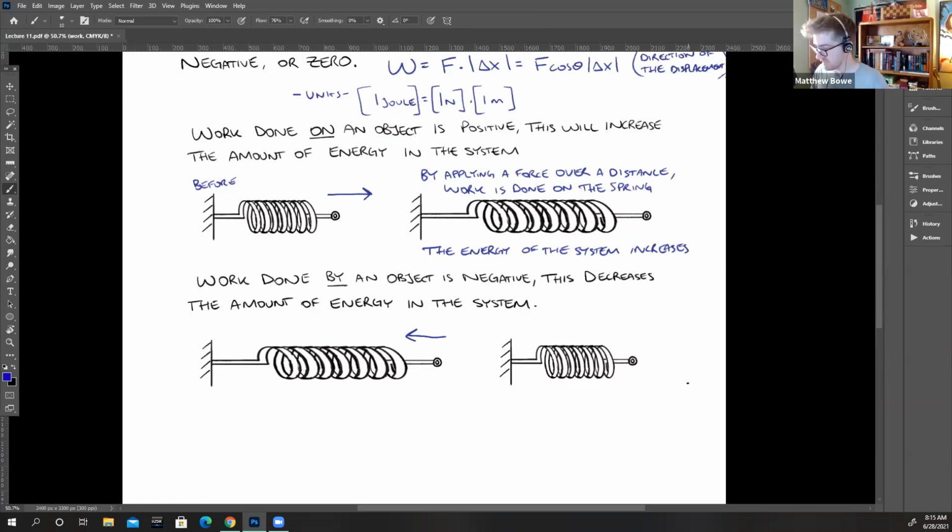So I'm going to say, by removing some force over a distance, work is done by the spring.